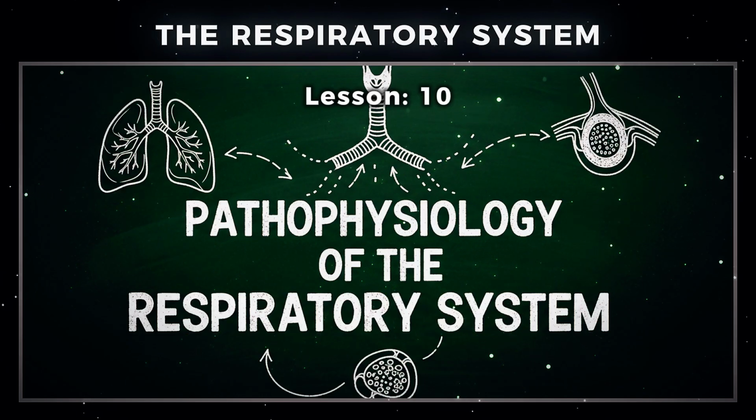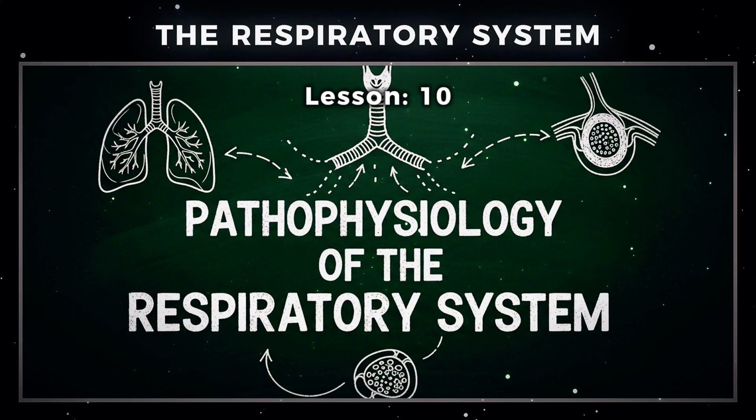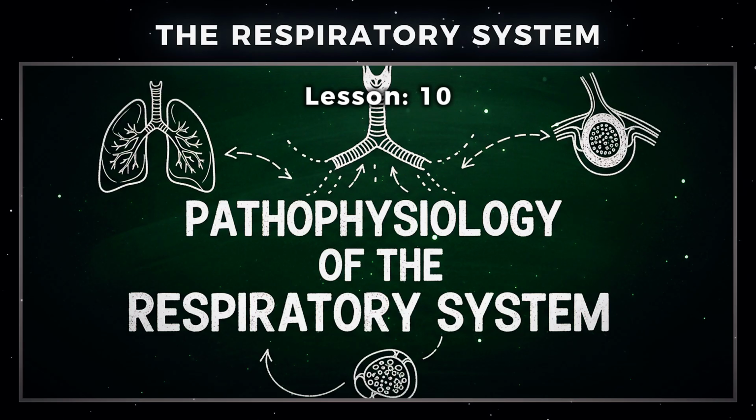On the other side of the coin are restrictive disorders. These are conditions where the total lung capacity is reduced because the lungs or the chest wall cannot expand. This is like trying to inflate a balloon that has been wrapped in duct tape. The pathways might be clear, but the container is too stiff.